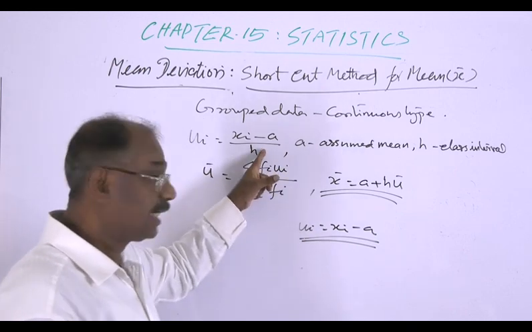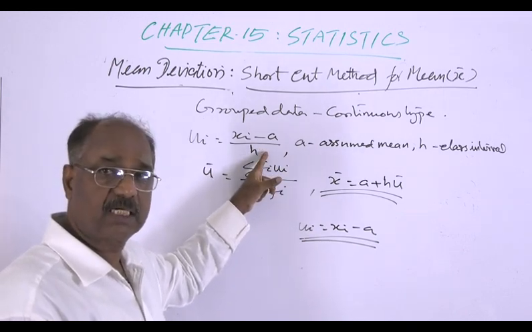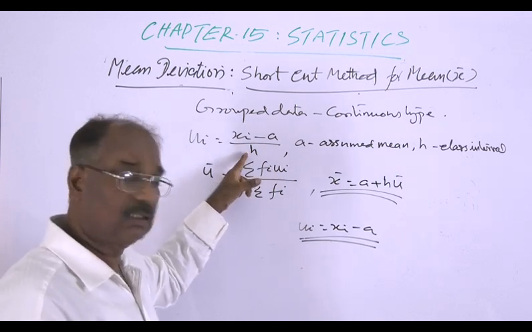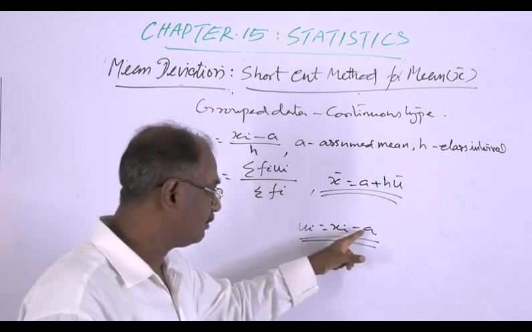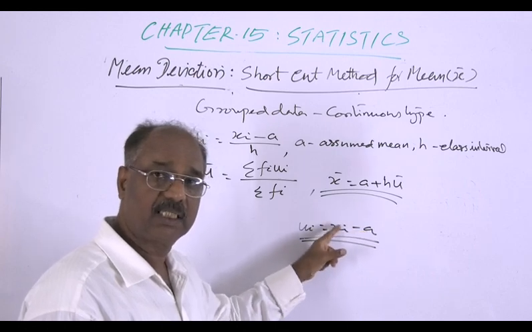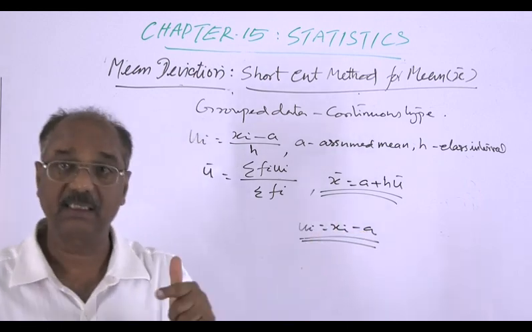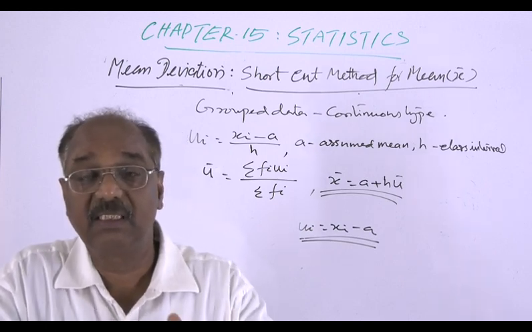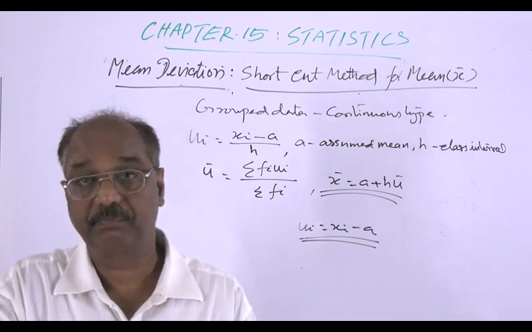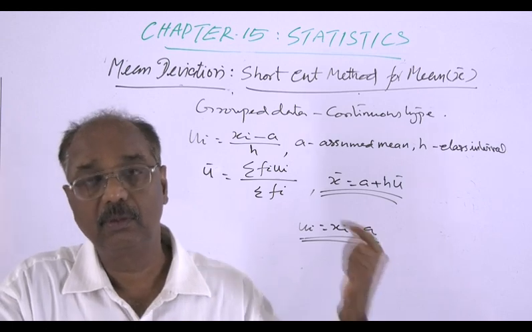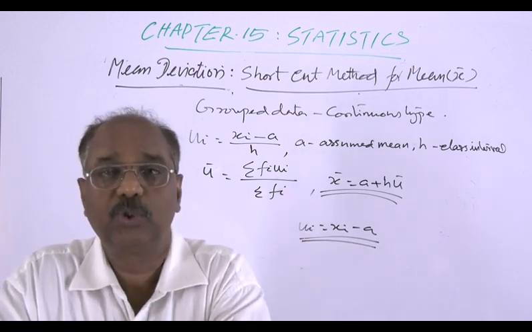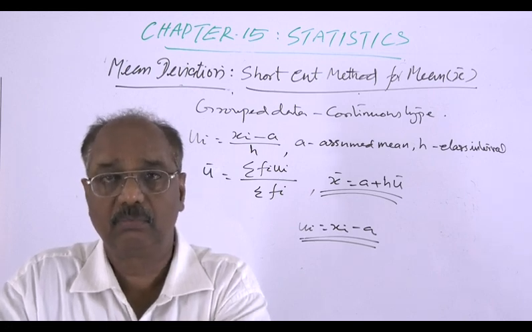In the step deviation method, if we choose h equal to 1, then ui is equal to xi minus a by 1, that is xi minus a. So it is a special case of step deviation in which h is equal to 1. Using the very same method, we can use the assumed mean method also.